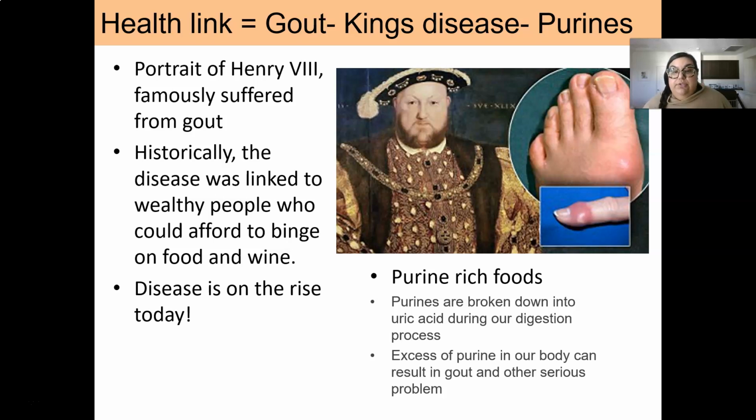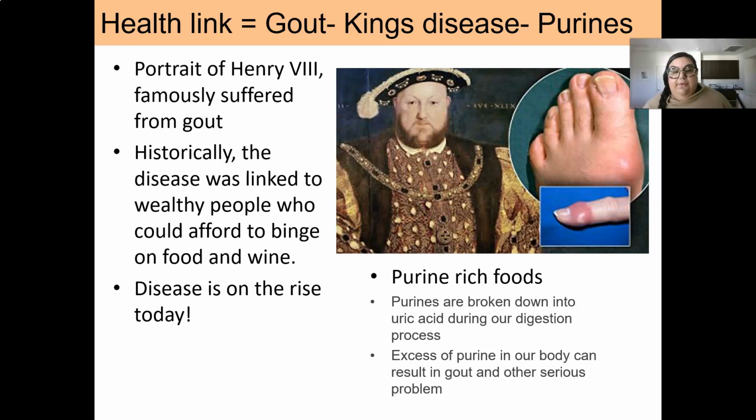Purine rich foods are broken down into uric acid in our digestion process. And then uric acid can crystallize in joints in our body. And you can see here it's in the fingers and toes and can get in your ankles and then cause this horrific painful swelling where you can't move your fingers or walk very well.